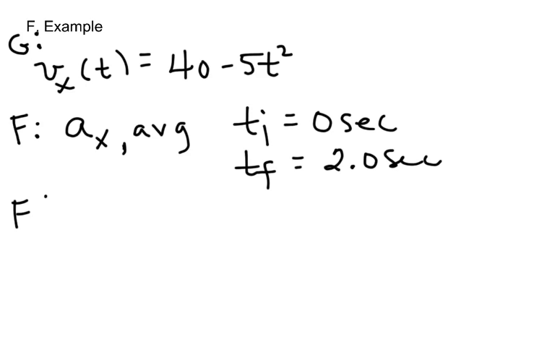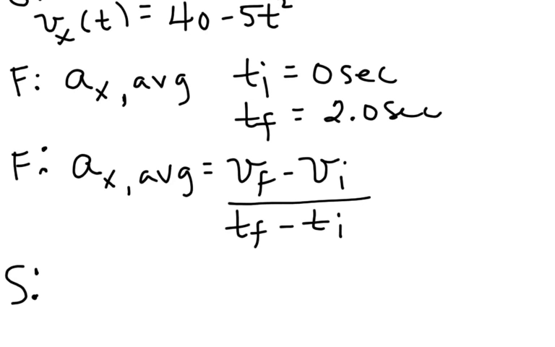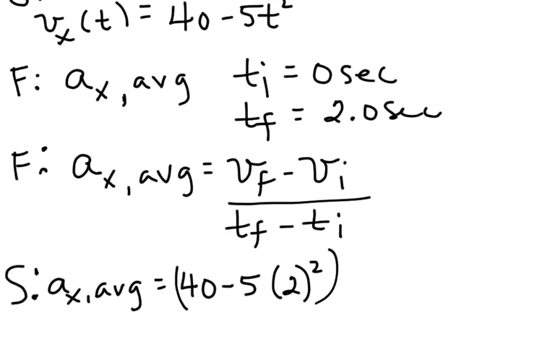The formula that we are going to use is the formula for average acceleration, which is going to be my final velocity minus my initial velocity over my final time minus my initial time. Now for solving, we're going to go ahead and start plugging in numbers. My V final is going to be 40 minus 5 times the time at 2 seconds squared, minus my initial of 40, the quantity of 40 minus 5 multiplied by 0 seconds squared.